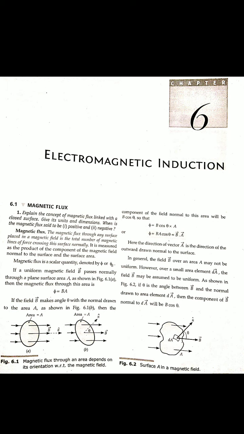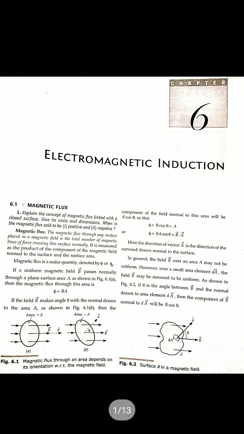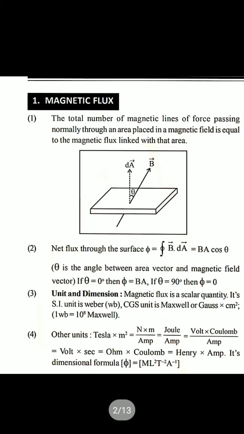Clear? Okay. So the net flux through the surface, phi, in the third figure, the irregular surface, where we choose the small area vector, we get the small flux through that area element, and to find the total flux through the whole area A, phi equals the closed integral of B dot dA.